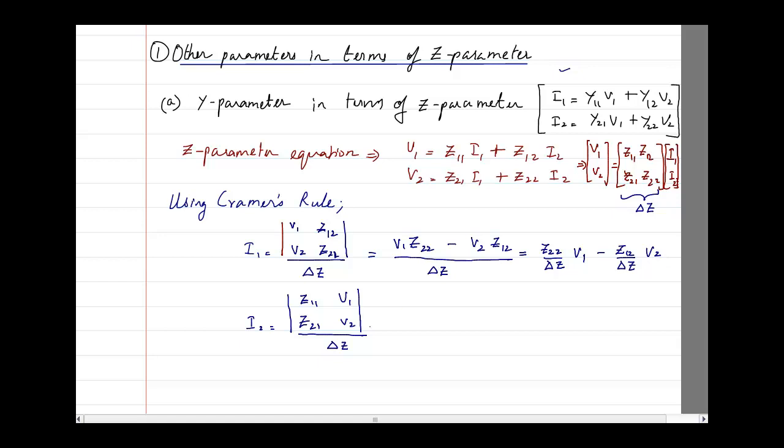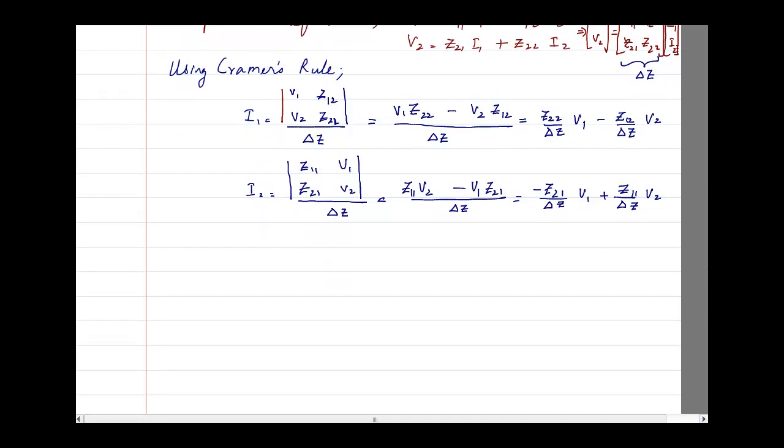Okay, and similarly this equation is going to be Z11 V2 minus V1 Z21 divided by delta Z, and I want to have the V1 terms in the front, so I will write minus Z21 divided by delta Z V1 plus Z11 divided by delta Z V2.